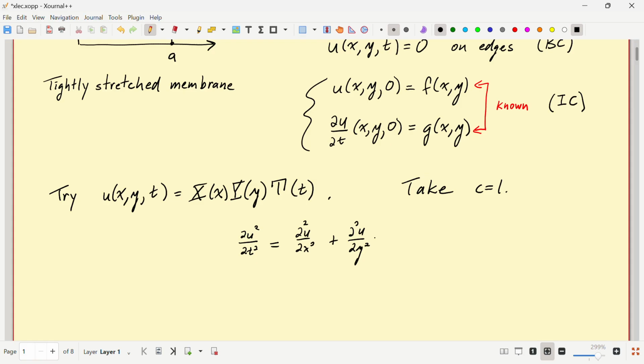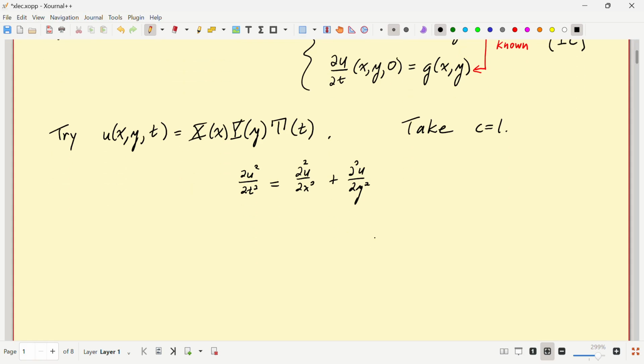And so in the case where we use these simple functions, the t derivatives would pile onto the T function. So that would be a T double prime. And over here, the x derivatives would pile onto the X function. Y and T would just sit there.